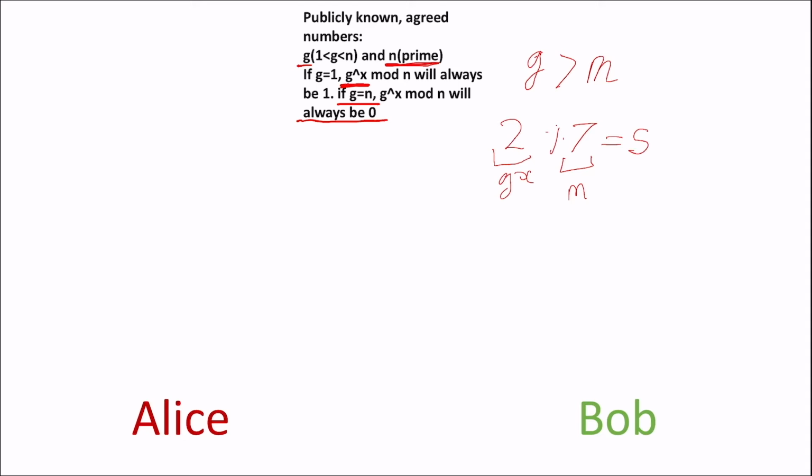But if you take 12 and do mod 7, this is also 5. So what I wanted to say was that after 7, these remainders will start to repeat. So there's no point doing that, and it is really computationally intensive to choose big numbers. So we don't want it to be too big, because N is a big prime number.